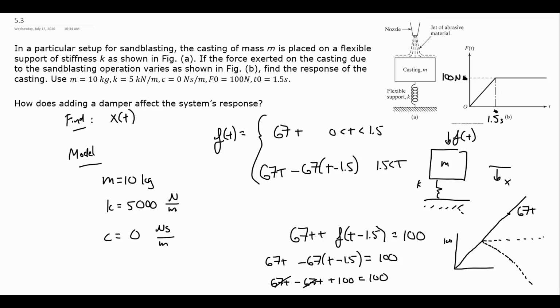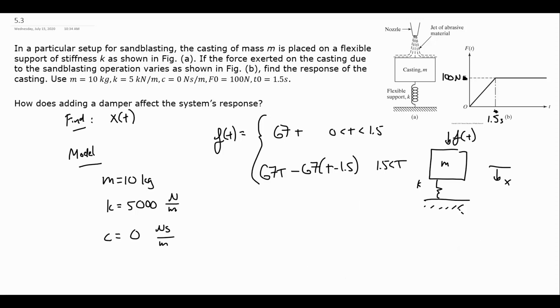So again, the piecewise function I'm still writing as 67 times t for the first 1.5 seconds, and it is still 100 after 1.5 seconds, but it's in the form of this f1, and then the second row is f1 plus f2 (t minus t1). So now it matches the form we want for our aggregate force profile. So the aggregate force profile for this one actually does not have a step function. It has a ramp, and then to that ramp, we're going to add another ramp function.